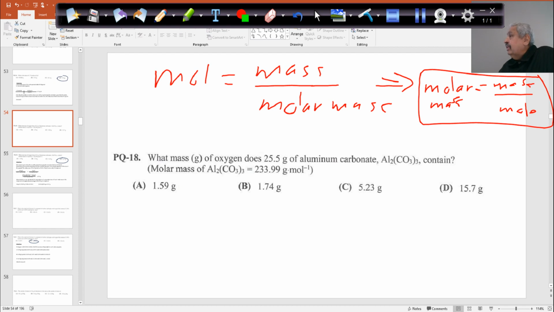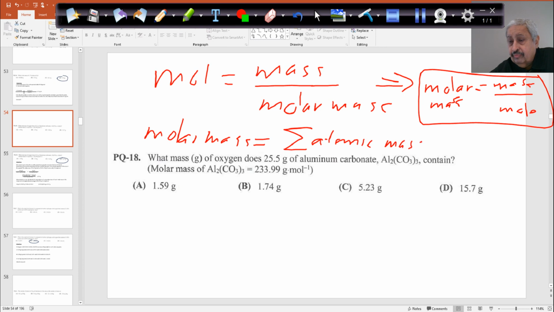The second is that the molar mass is the sum of all atomic masses of elements involved in this compound.